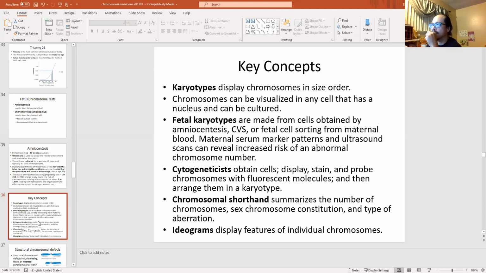And fetal karyotype can be used to detect trisomy, especially trisomy 21.